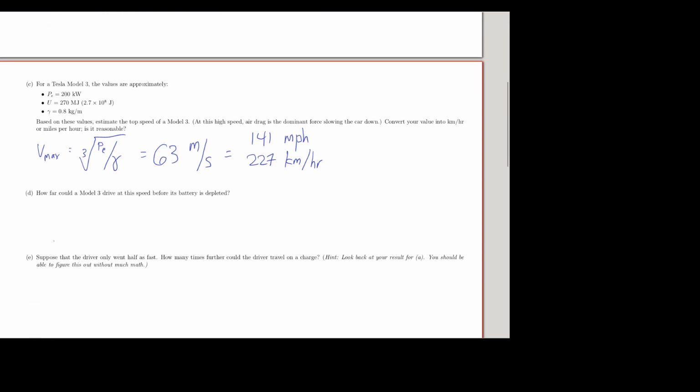So for part D, here we're asking how far could we go at this speed. So remember that work is force times distance. And we know the maximum amount of work that the car can do before it runs out of battery. That's equal to the potential energy in the batteries, U. So I can say U equals force times distance, where d is the distance we're solving for.